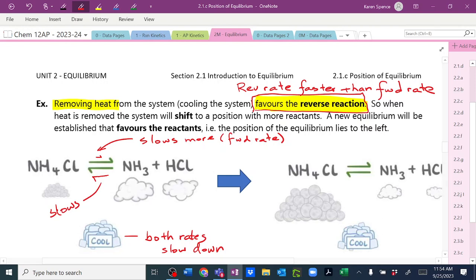All right, so eventually the forward rate is going to increase until it's equal with the reverse rate. They'll now be equal, but they'll both be slower than they were before.